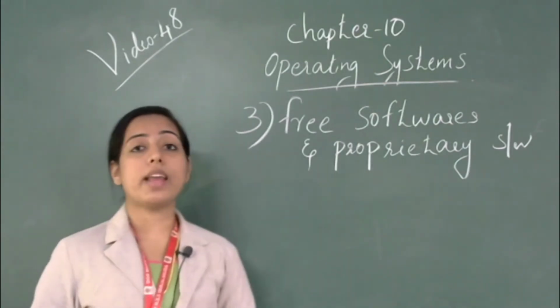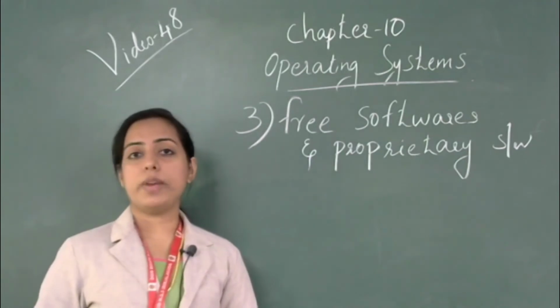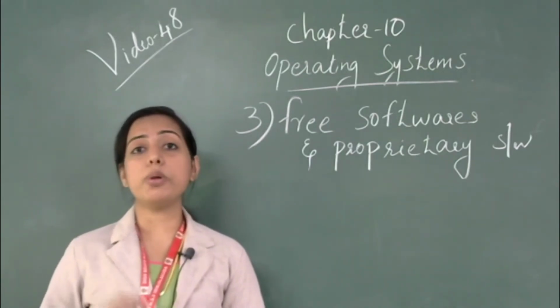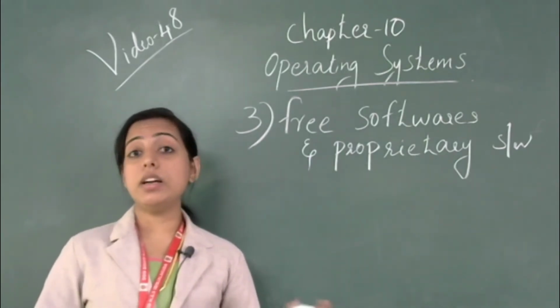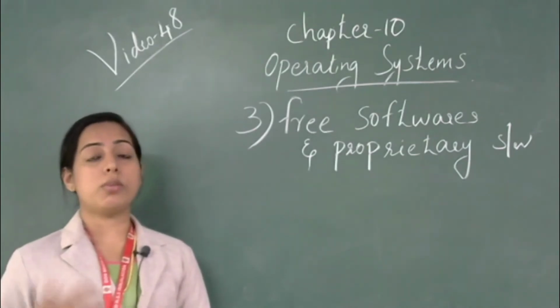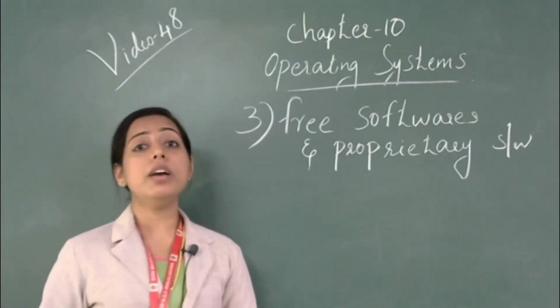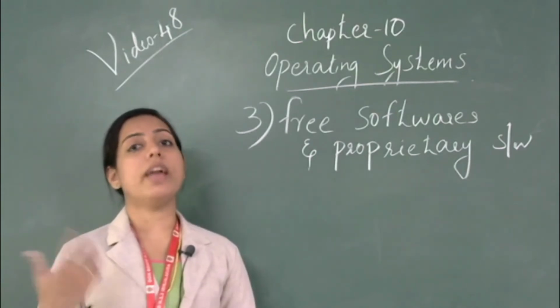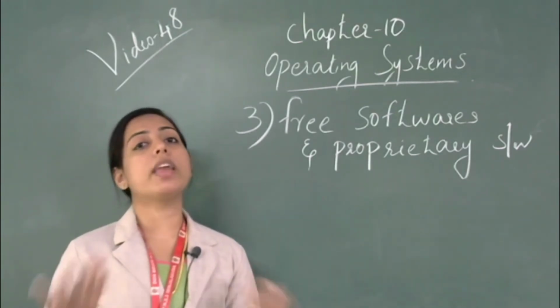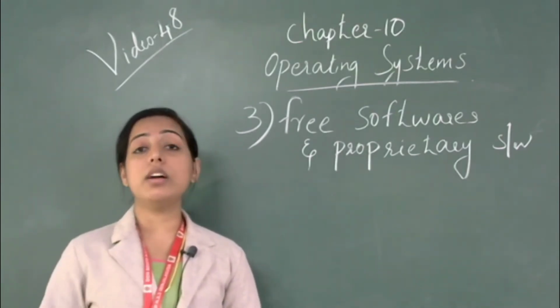Free software and proprietary software. What do you mean by free software and proprietary software? In the early days, most of the software or computer programs as well as the kernel programs were available free to copy and share. We could access these programs and copy or share them.